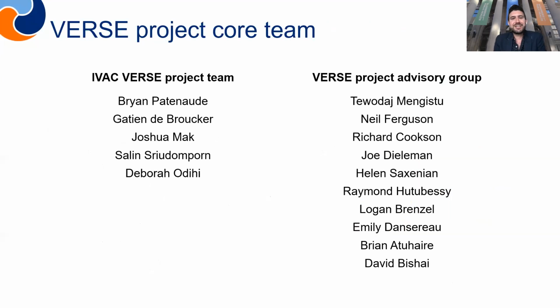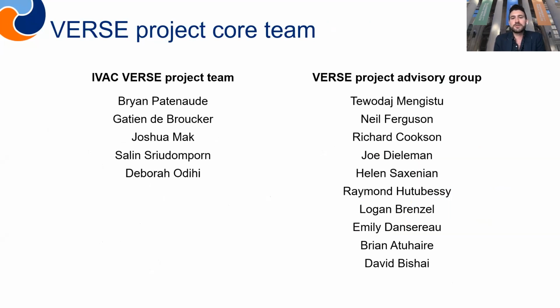So I just wanted to shout out to the core team and acknowledge our advisory group. The core team consists of myself, Gastien de Brooker, who you heard earlier introducing, Joshua Mack, Celine Sriudamporn, and Deborah Odihi, who are all based at the Johns Hopkins University International Vaccine Access Center.